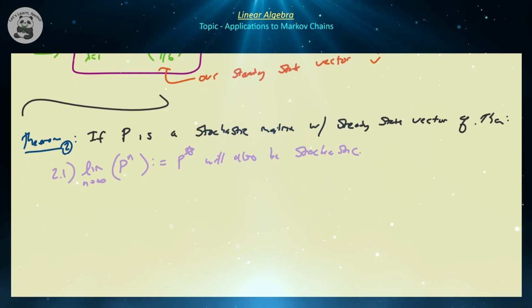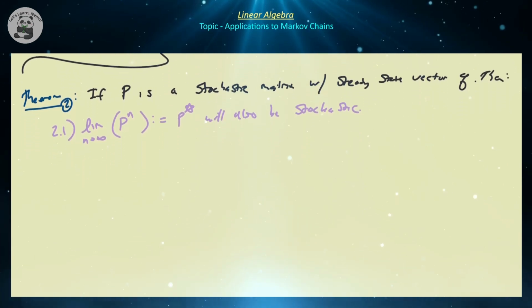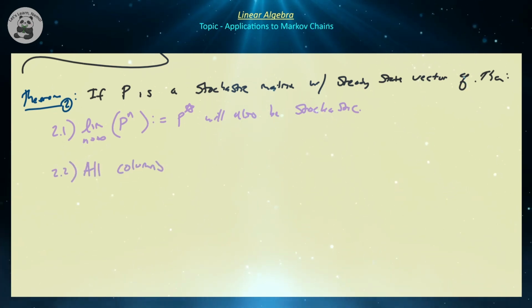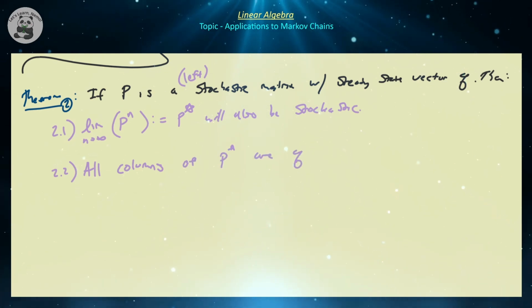So if you do P to the power of n, eventually it will converge to a matrix. Now, what is so special about the matrix P star? Let's assume that this is a left stochastic matrix. All columns of P star are Q. Now that might seem very strange, but that's actually what it comes out to, which is kind of interesting, at least to me.